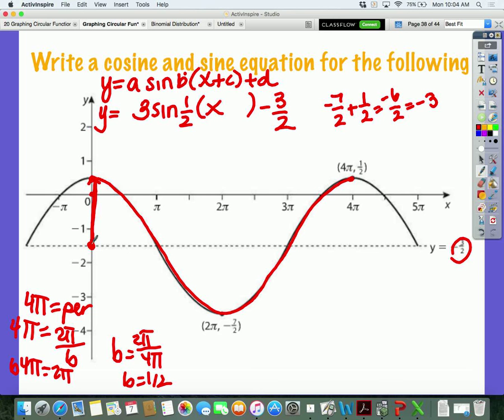I still don't have a point there. But I do have a point right there. So then you make it negative 3. Normally sine goes up, but because it goes down, it got flipped, which means that A is going to be negative.